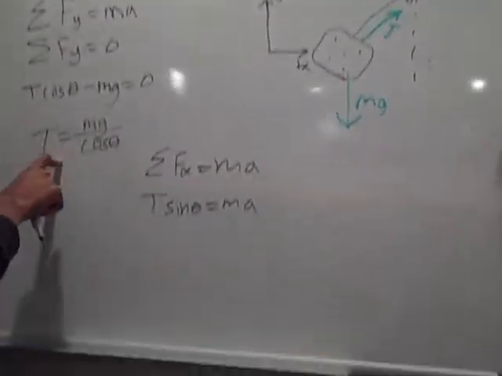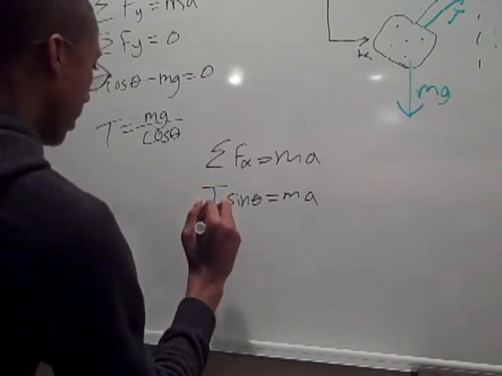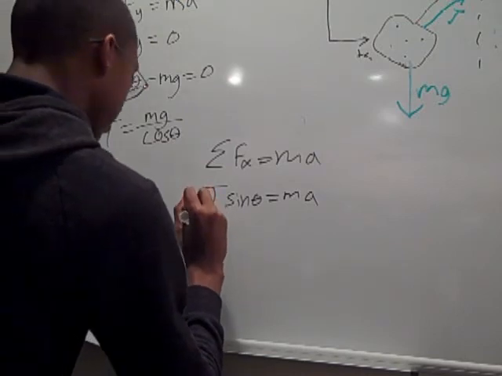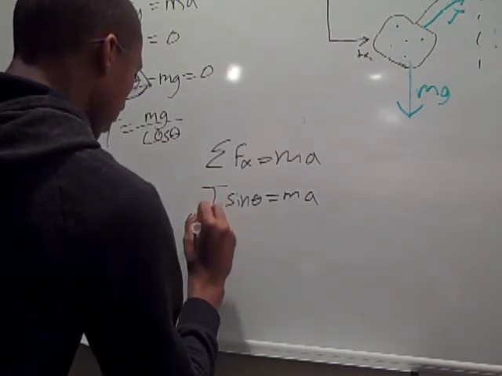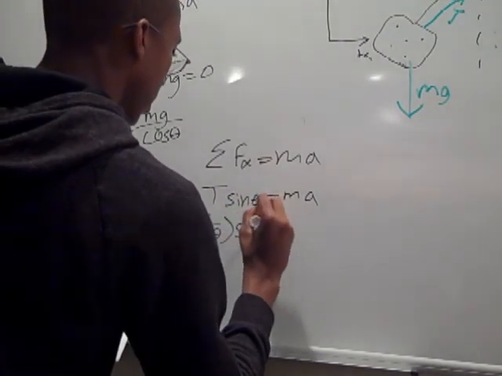But we figured out T up here, so we're going to plug it in to our problem down here. So we're going to go mg over cosine theta times sine theta equals ma.